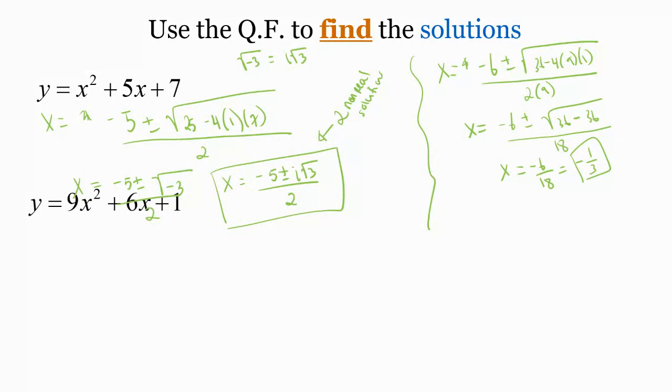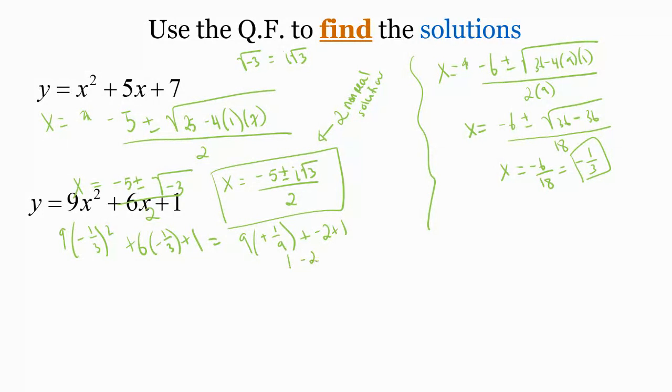That must mean that the x coordinate of my vertex is -1/3. Isn't that pretty cool? This means that if I were to graph this, and hey, I could plug in that -1/3: 9 times (-1/3) squared plus 6 times -1/3 plus 1. And that gives me 9 times 1/9, positive 1, plus, what is that, -2 plus 1?